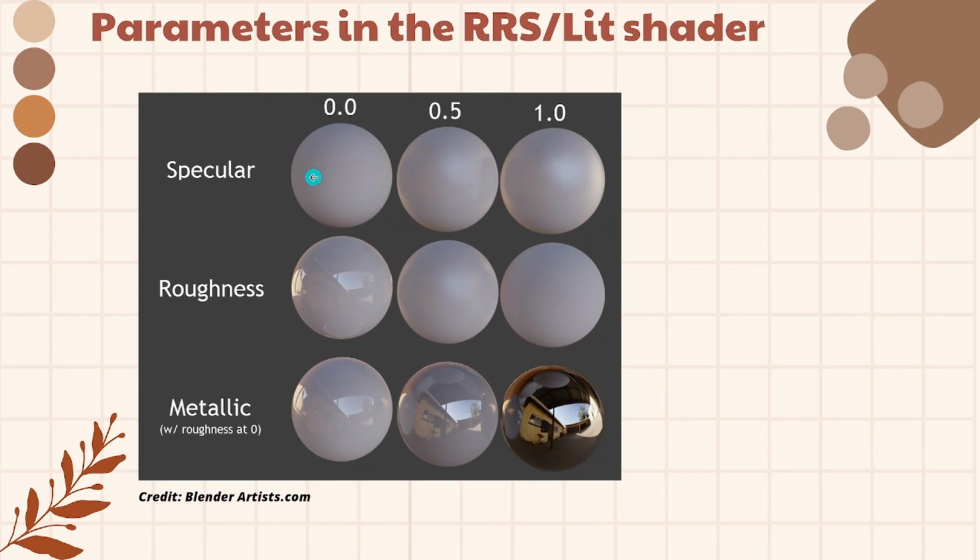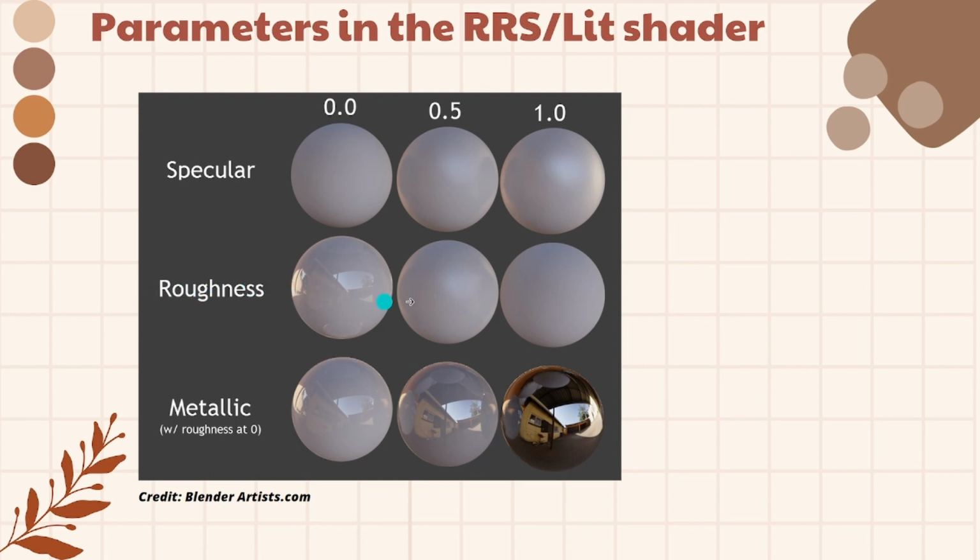The other parameters that we have, which in this case are just regular numbers that go from 0 to 1, are Specular, which is roughly how shiny, how reflective the material is. But that's distinct from roughness or smoothness. We don't actually have a roughness parameter, we have a smoothness parameter. This is not a very good example because I took it from Blender.